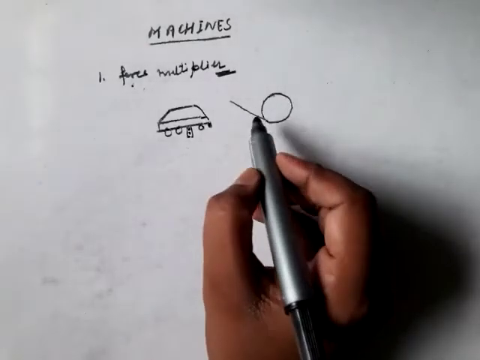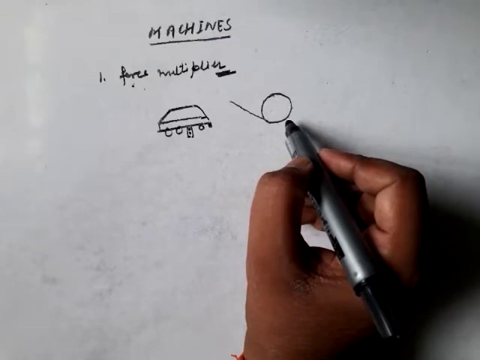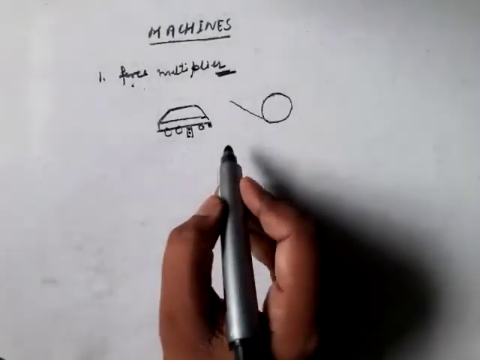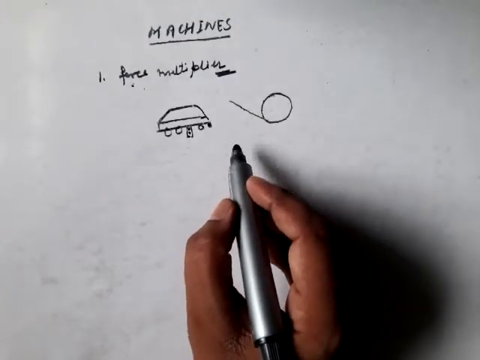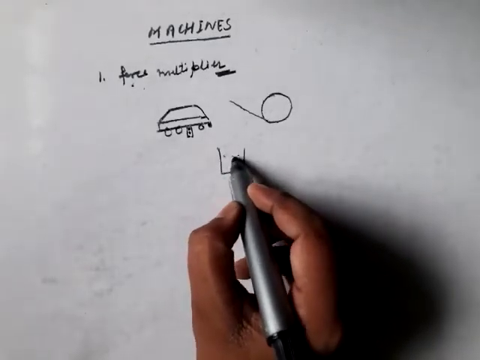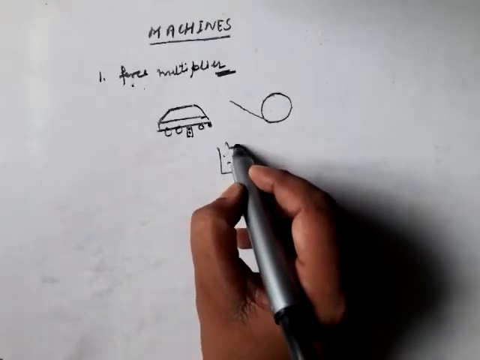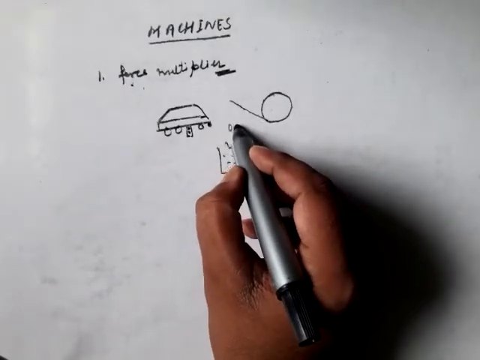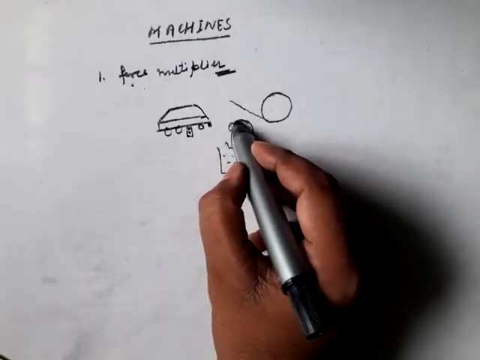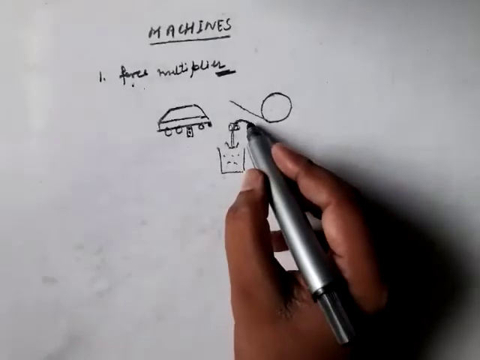So by applying less force we can easily lift a heavy load, or do some work that is heavier. You can also take the example that suppose this is a well, and you want to pull a bucket full of water from the well. You can use a pulley, and with the help of this you can easily lift the water with the help of this thread.